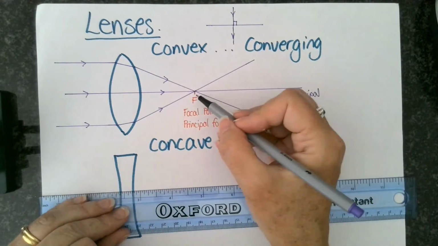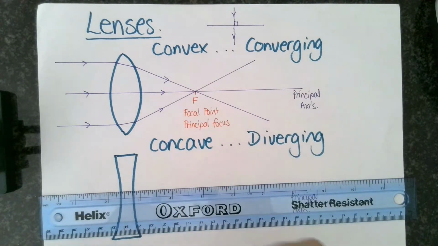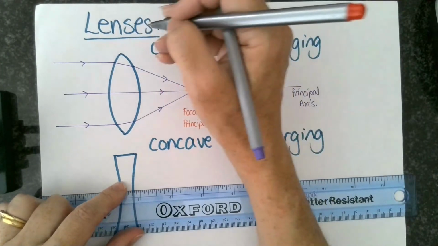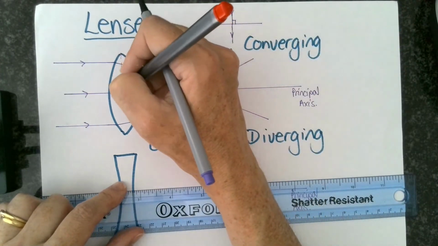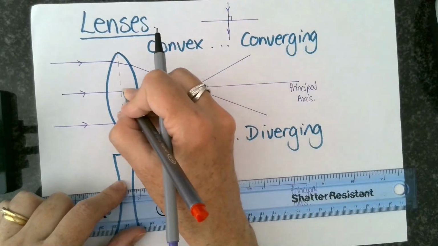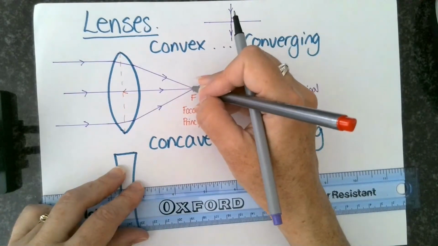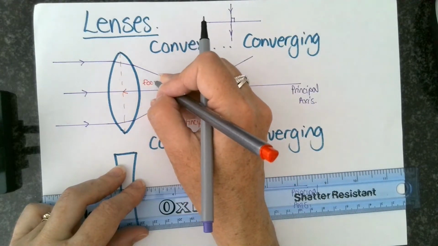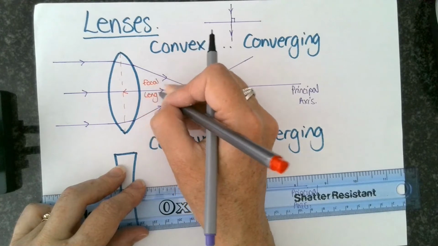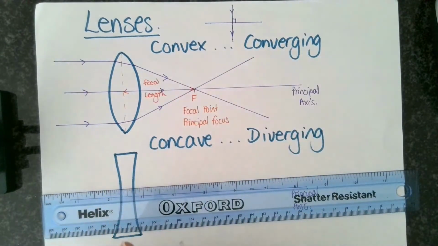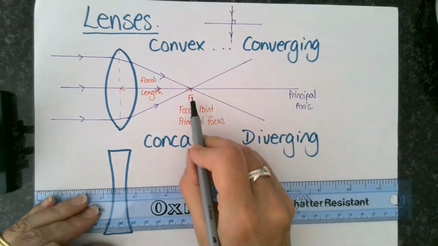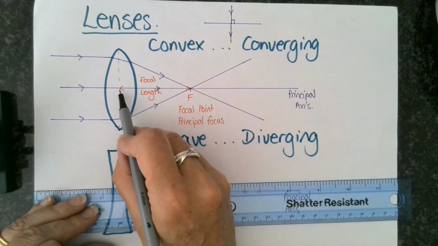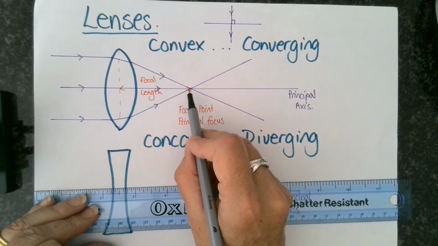All right, so there's the focal point, and then we take a measurement from the centre of the lens. Let me draw an imaginary centre line down the lens. This distance here from the centre of the lens to the focal point is called the focal length. Okay, so we've got our principal axis, our focal point where the rays will be focused, and our focal length, the distance from the centre of the lens to the focal point.